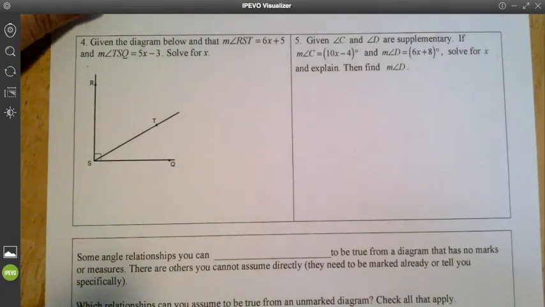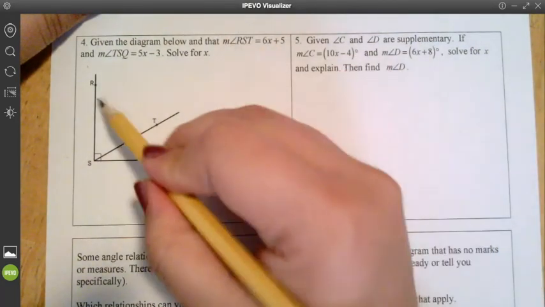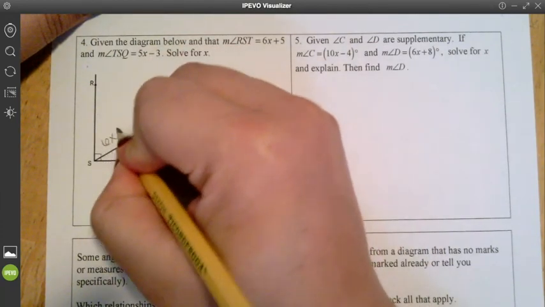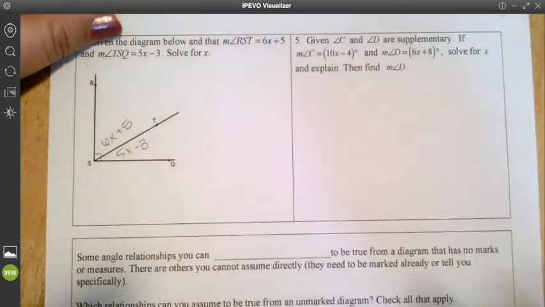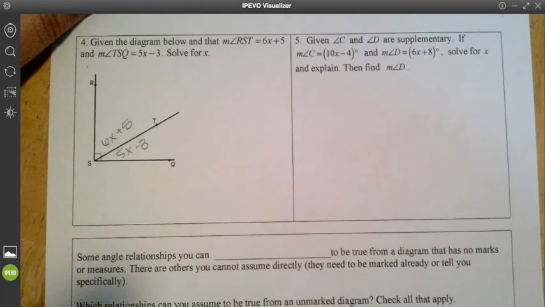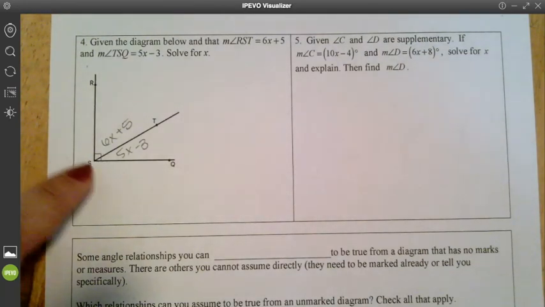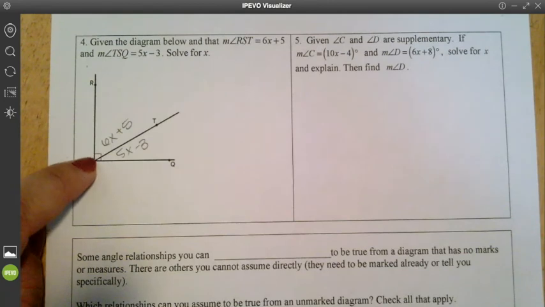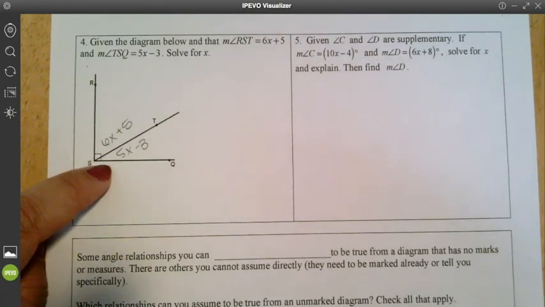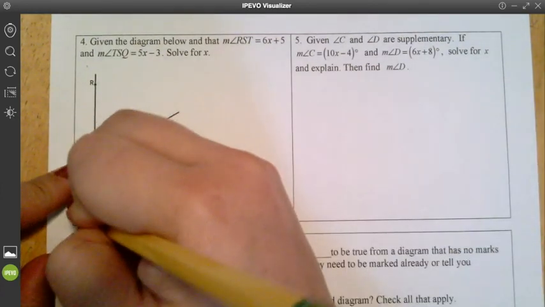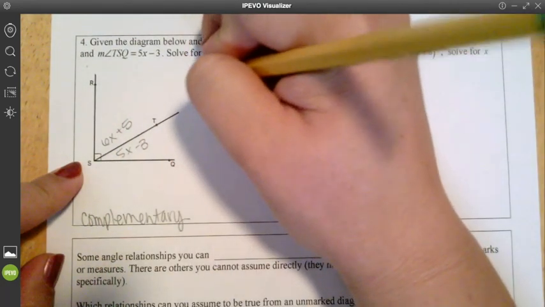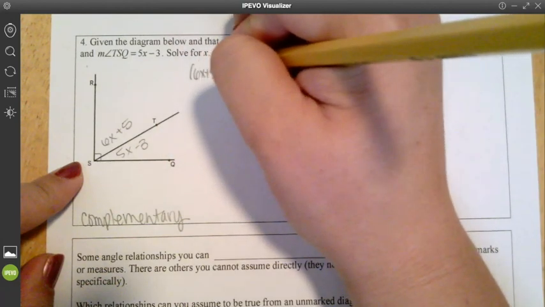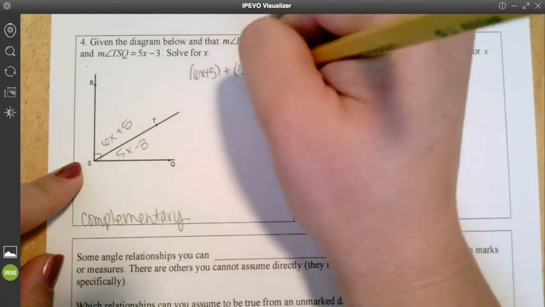All right, for number 4, we have a diagram. The measure of RST is 6x plus 5. The measure of TSQ is 5x minus 3. We want to solve for x. Well, do we have enough information here? Yeah, there's one more thing that we have that was not mentioned in words, which is this little symbol here, which means that this is a right angle. If this is a right angle, then these two angles are complementary, which means 6x plus 5 plus 5x minus 3 equals 90.